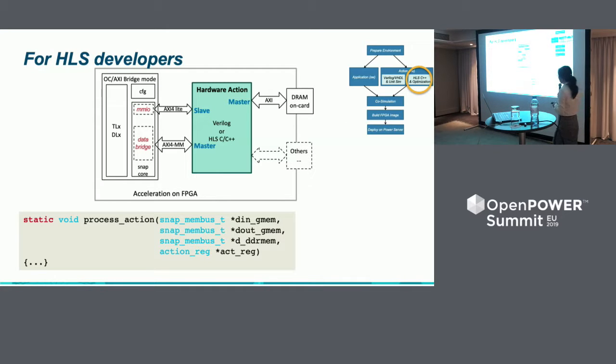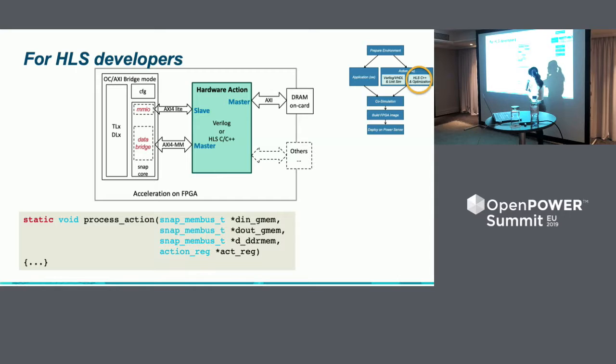Okay, so for HLS developers, you just need to write a C function with several parameters. We will abstract the memory interface as an array. So you write and read this array, and actually you operate the data in host memory.